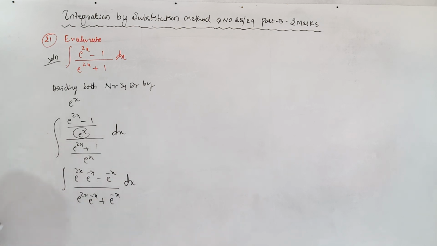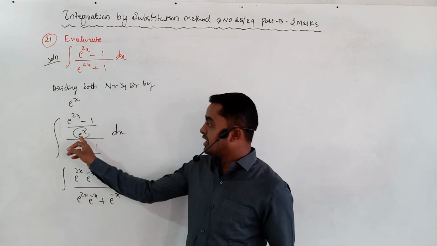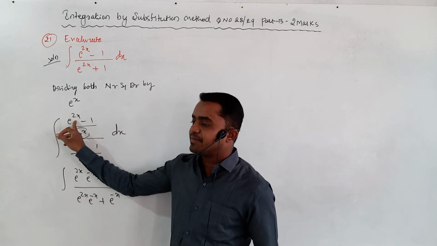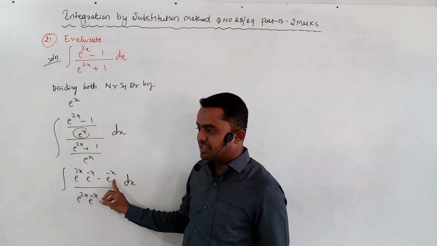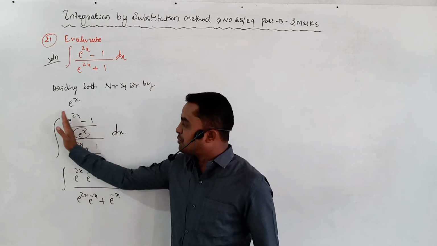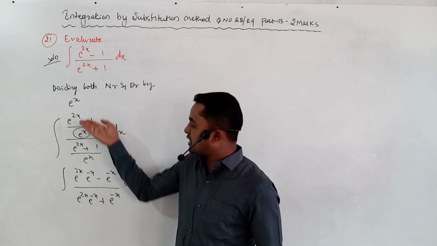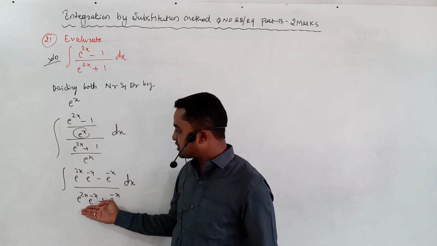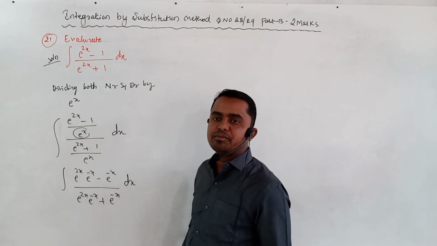What we did here: the two terms are there, give your attention here. e^x we are taking into the numerator as e^(-x), because 1 by e^x is nothing but e^(-x). e^x is common for both the terms. Taking this e^x, the numerator becomes e^(-x), and this one e^(-x). In the denominator, e^(2x) e^(-x), and 1 by e^x is nothing but e^(-x).